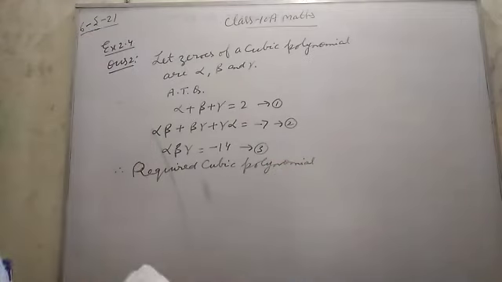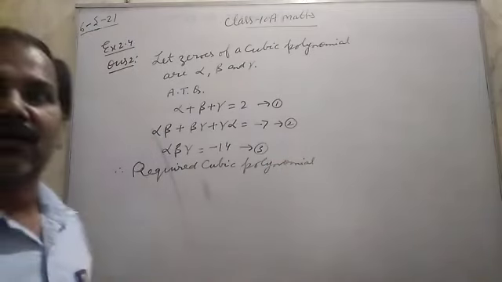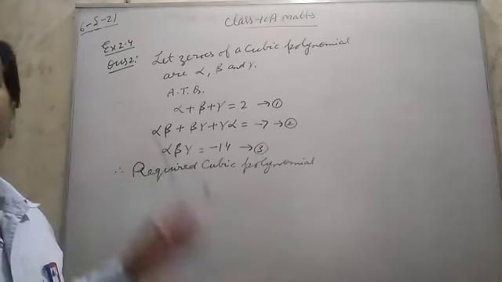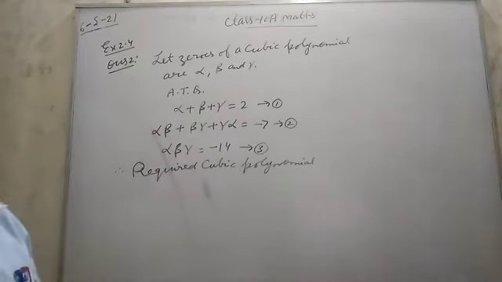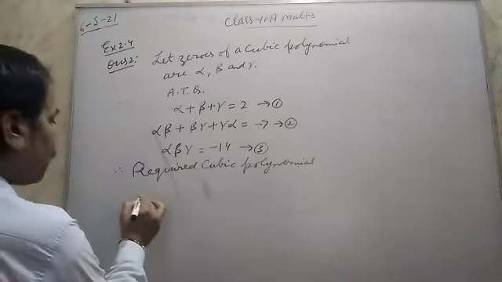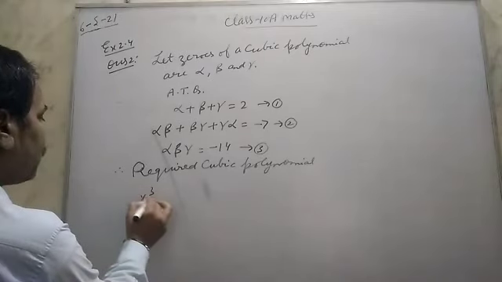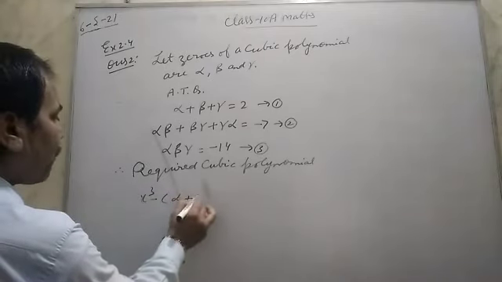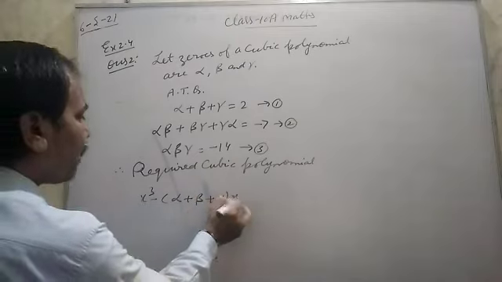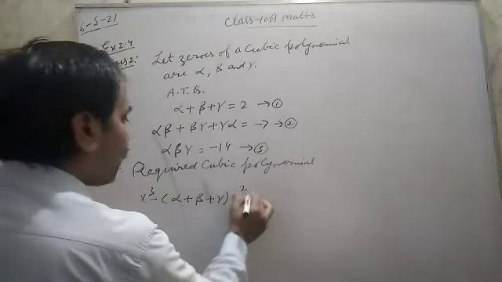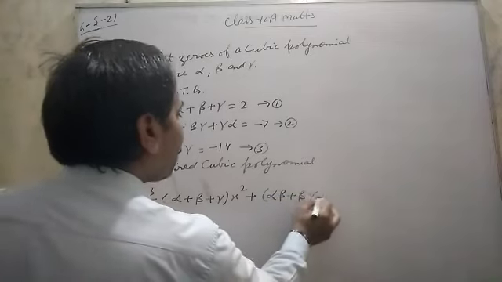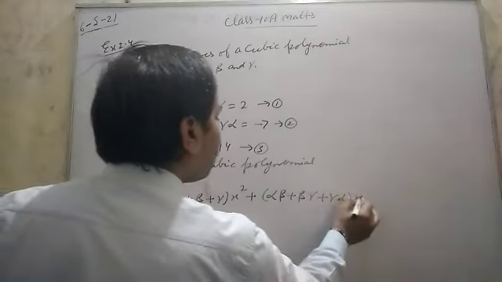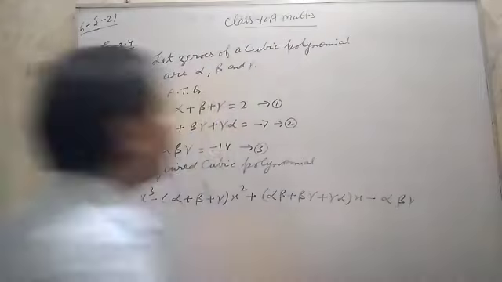So we know that formula. If the sum of zeros and product of zeros are given, but here there are three zeros, alpha, beta and gamma, so for that also there is a formula: x cube minus (alpha plus beta plus gamma) into x square plus (alpha beta plus beta gamma plus gamma alpha) into x minus alpha beta gamma.